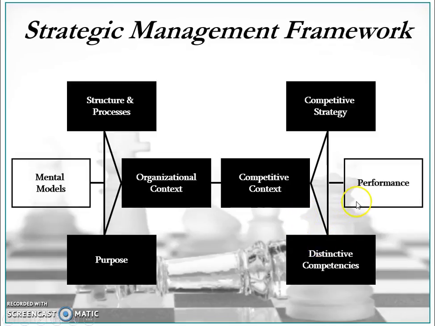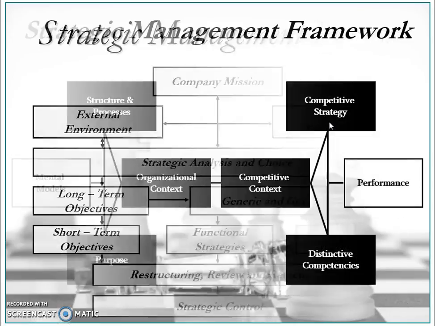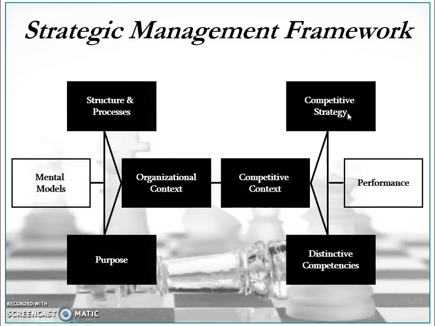Now, based on these competencies, the organization makes a competitive strategy based on its strengths and the competitive advantage that it has. And to measure this particular aspect, we need to have some performance standards in place. Now, these three aspects collectively make the competitive context, and a blend of the organizational and competitive context completes the overall strategic management framework of an organization.